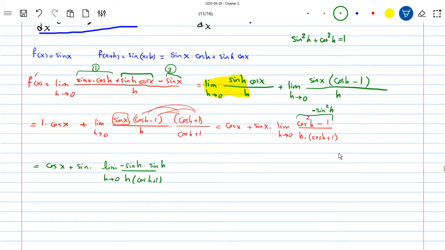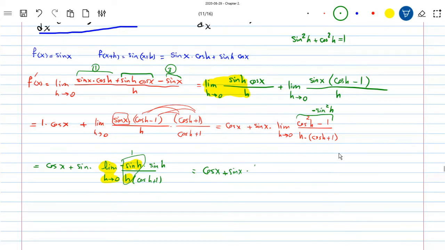So you can see this part again, the identity that we used, sine h divided by h as the limit h approaches 0. What happens to this part? This simply becomes 1. So what you get is cosine x plus sine x, this part is simply 1.